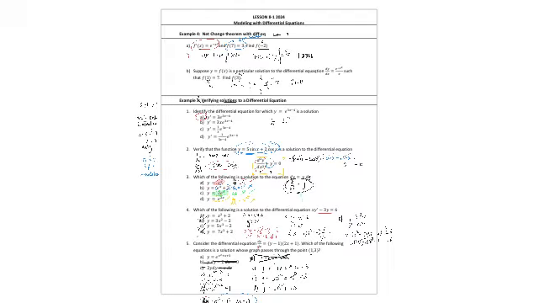Let's hope the last one works. The last one, d, was y equals 2e to the x squared plus x plus 1. So my dy/dx is going to be 2e to the x squared plus x times 2x plus 1. That's the red, that's my dy/dx.